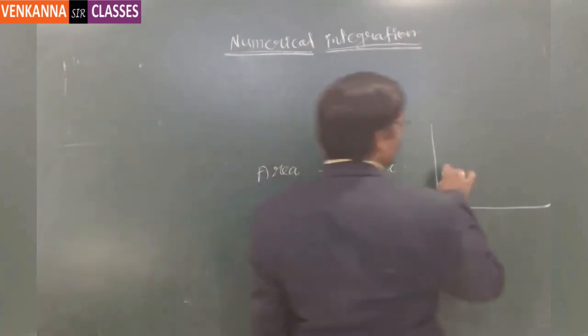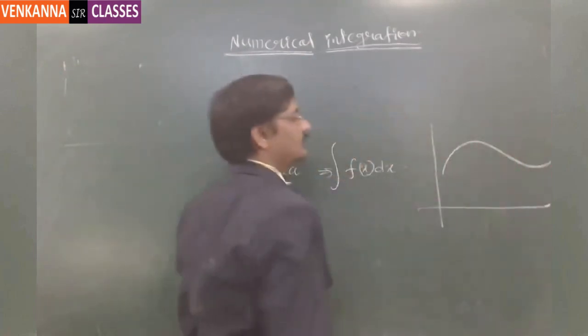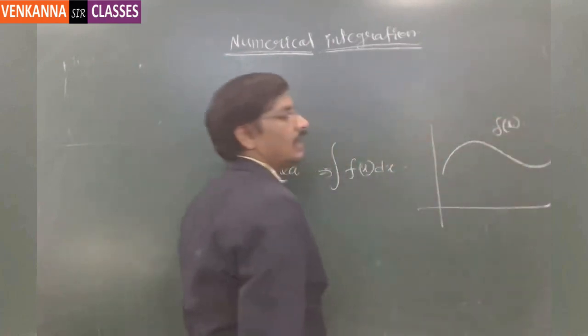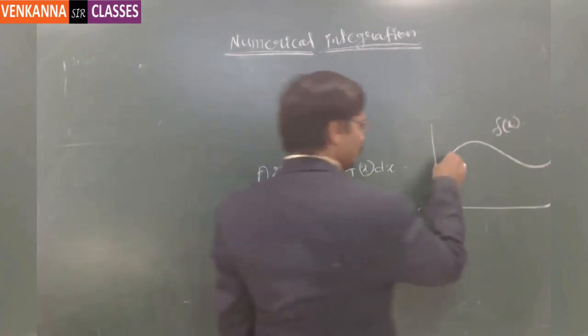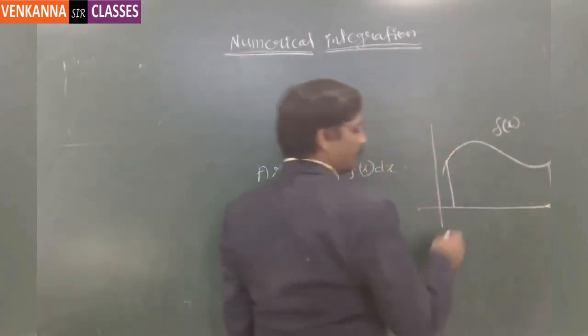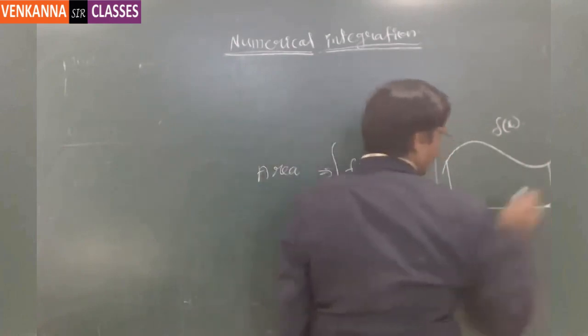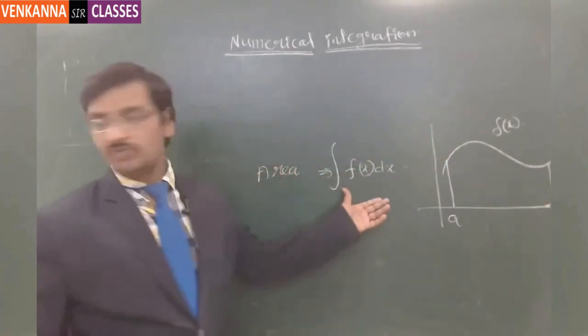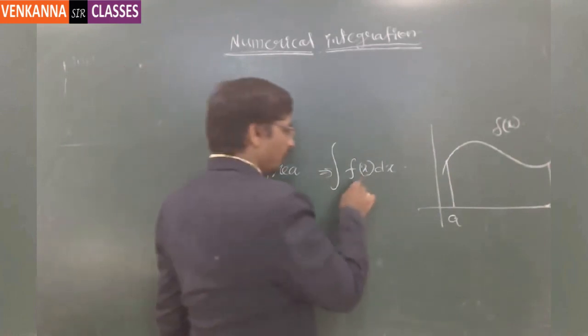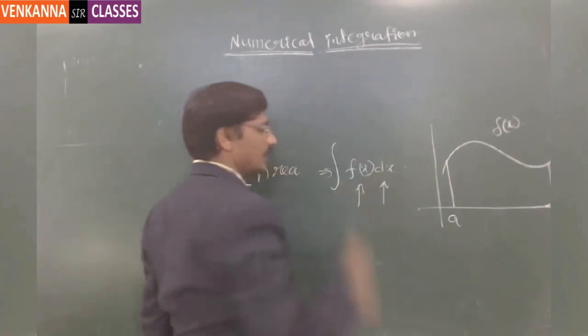So let us say this is a random curve f of x, and this curve runs from this limit a to this limit b. The integration value we are talking about has two parts here, f of x and dx.